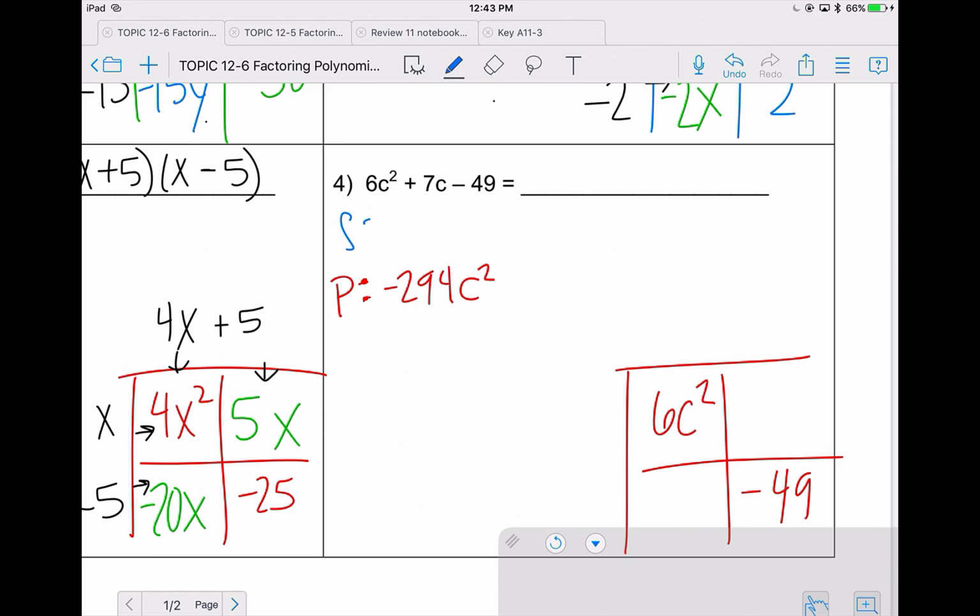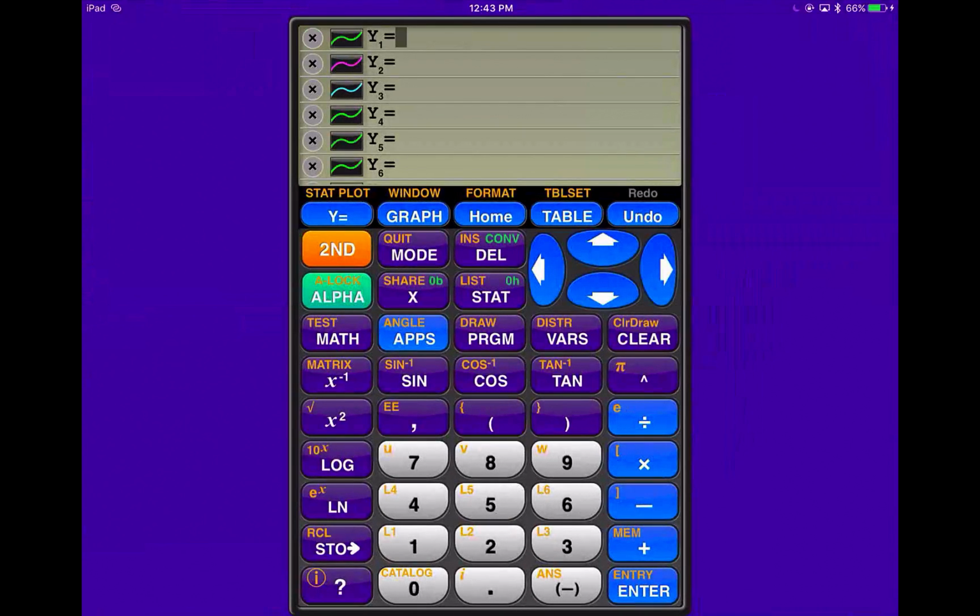And then my sum is 7c, so I have a c and a c that add together to get 7. So in y equals, I'm going to put negative 294 divided by x and go find my factors.